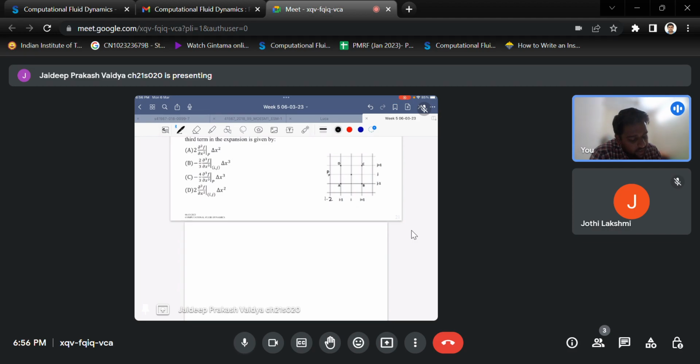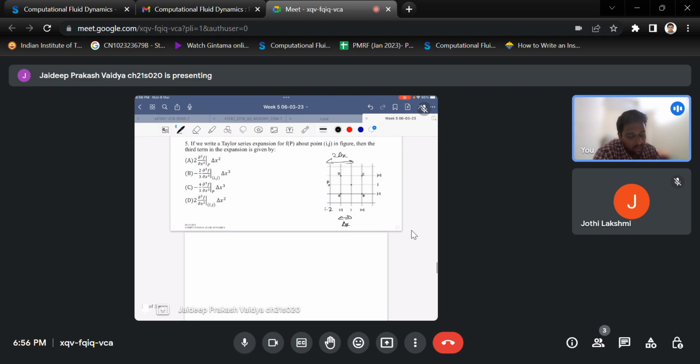Since j is not varying, only i is varying. So we have to assume that this distance is 2 times delta x, because it goes to i minus 2, as written here.